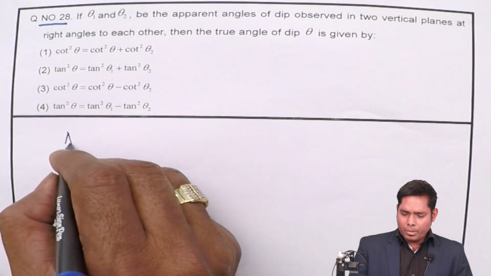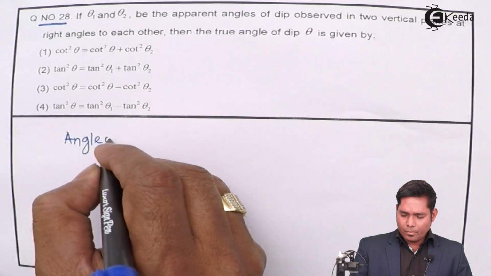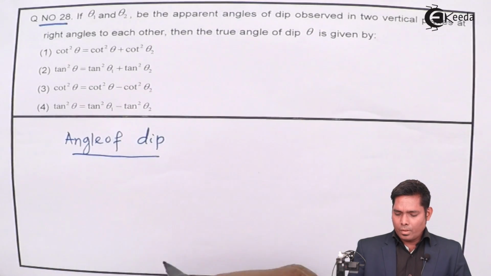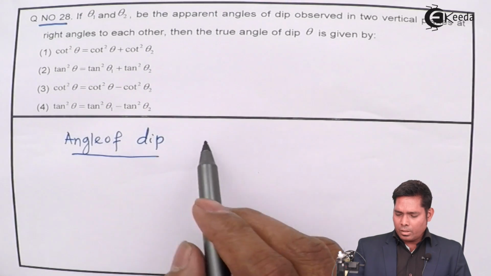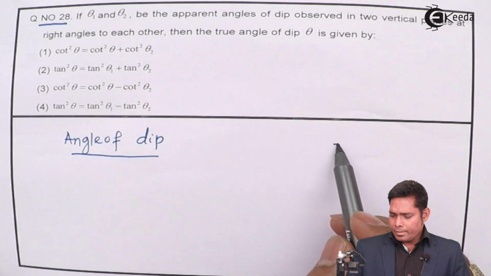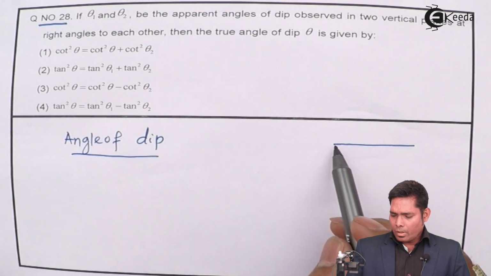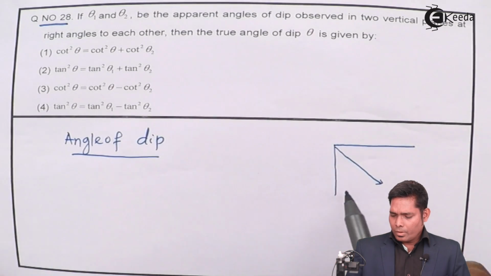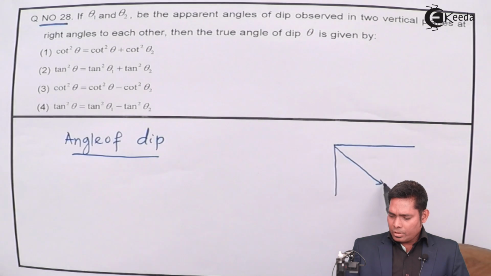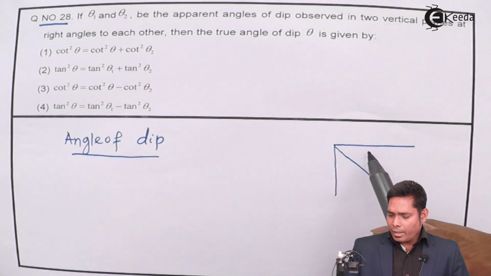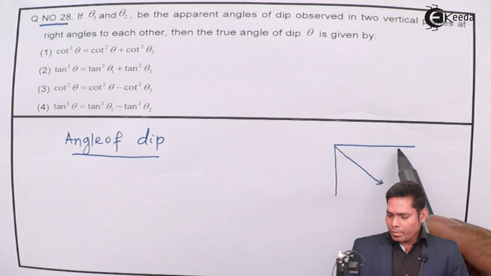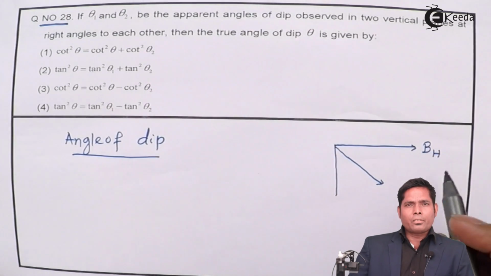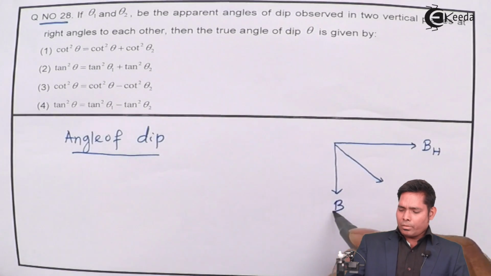So angle of dip. Suppose we have Earth's magnetic field, and this is the net magnetic field, and this one is the horizontal component of Earth's magnetic field and this is the vertical component of Earth's magnetic field.